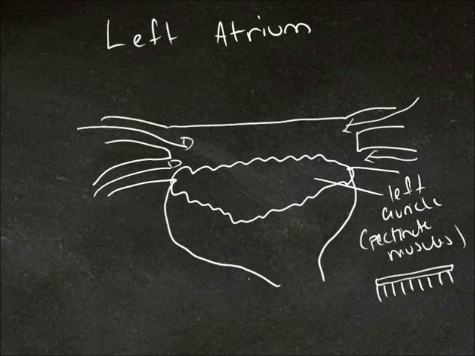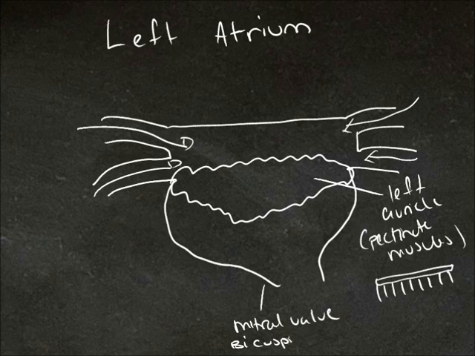Down here we have the mitral valve, this is a bicuspid valve, and it's at the level of the third left costal cartilage.